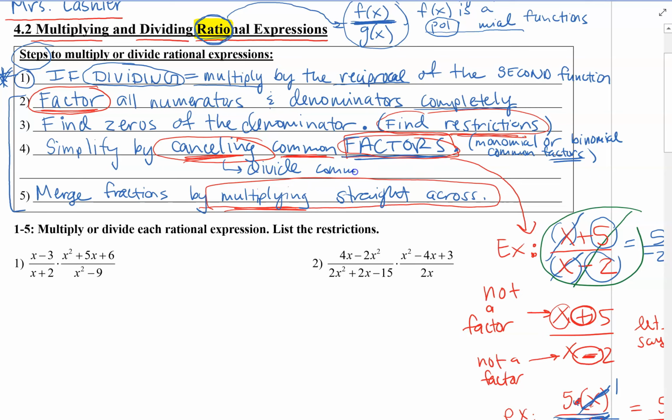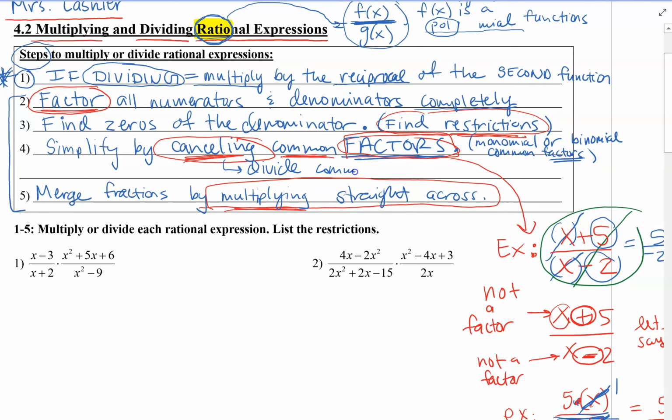Okay, first off, when you see something like this, I want you to recognize none of this is factored yet. These are all connected to each other with plus and minus signs. That means they are adding and subtracting, and that means they are not multiplying. So I need to write it as factors to show multiplication. Now these ones here, I can't really do much to factor them.